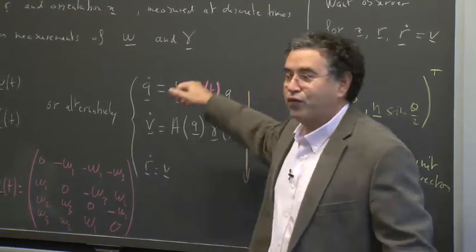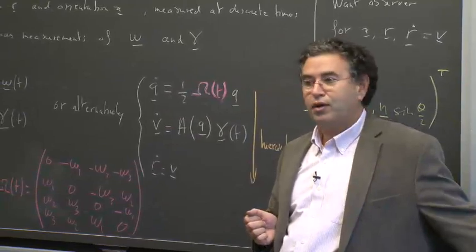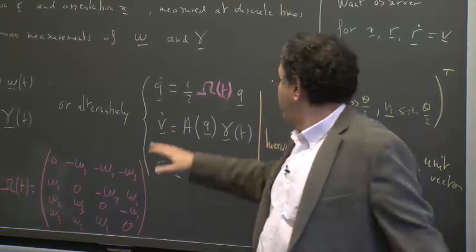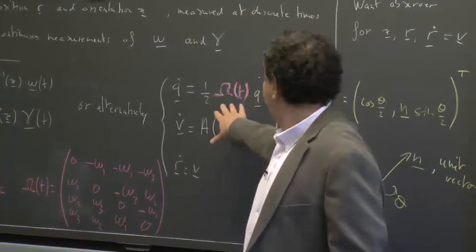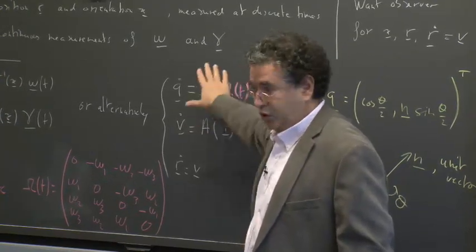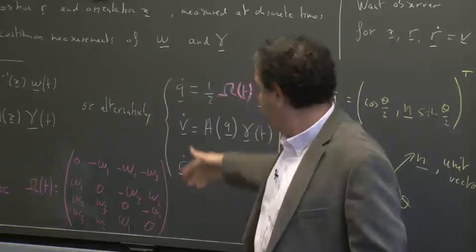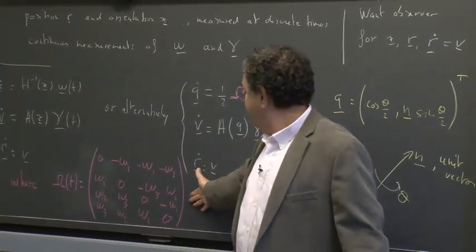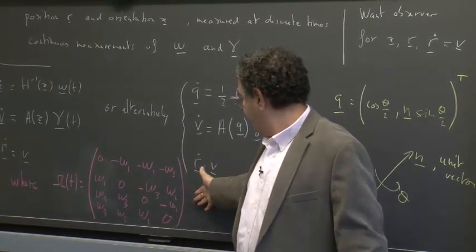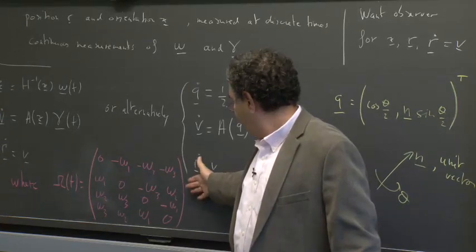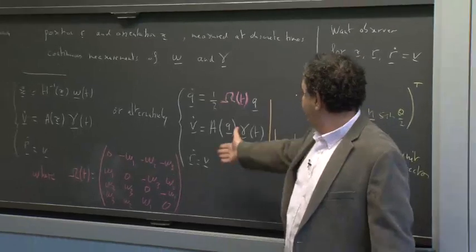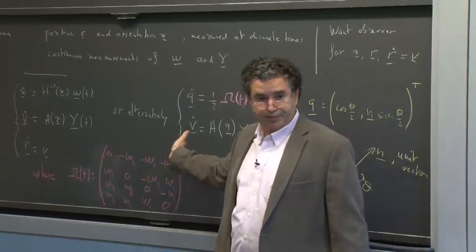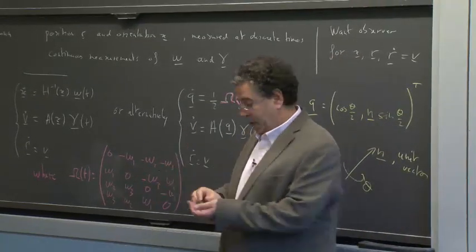What's the Jacobian of this system? Yeah, the Jacobian of the system is 1/2 of omega t. This is a function of time. And omega t is this matrix, which corresponds to this vector cross product. And so this matrix is obviously skew symmetric.